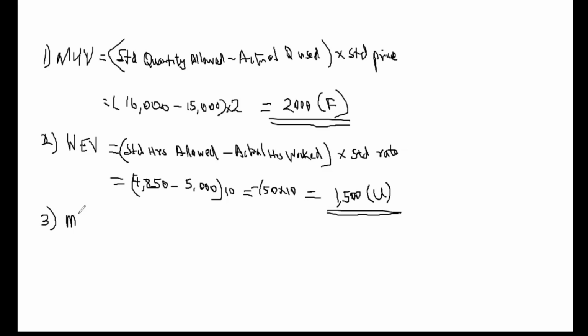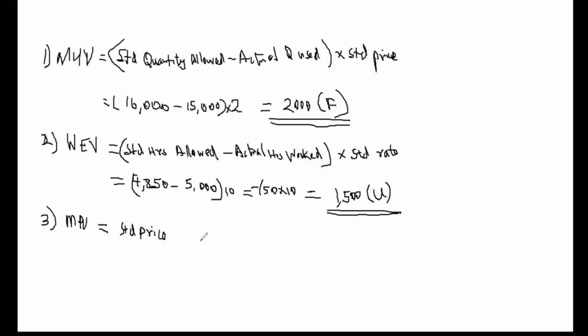So material price variance is given as standard price minus actual price, times actual price used. I said we always start with the standard or budgeted because that is the benchmark.